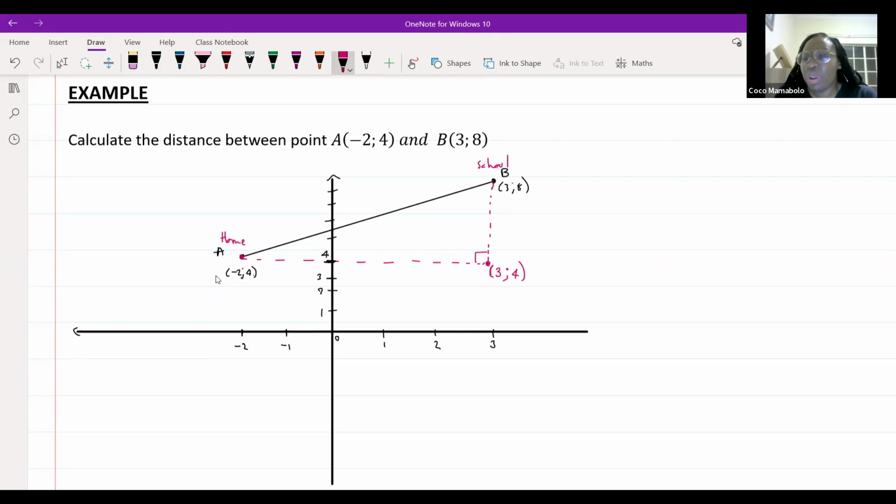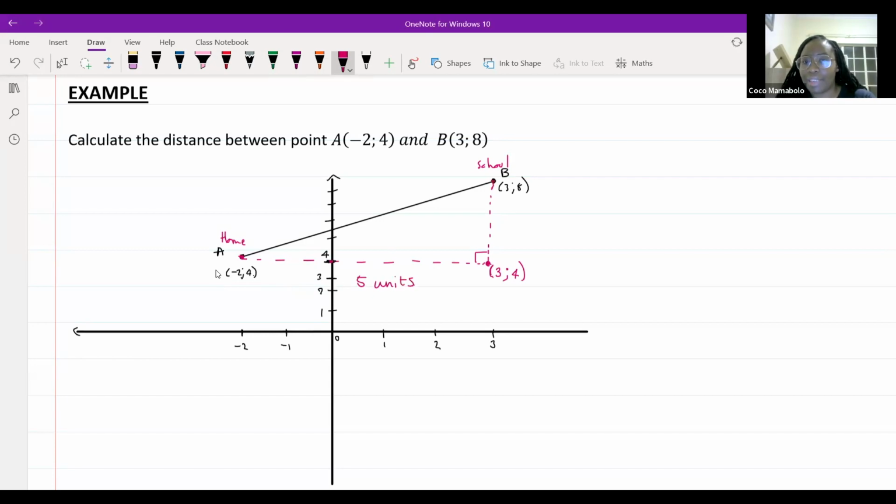Okay, so if we were to use Pythagoras here, I would want the distance from here on this side up until there. How far would the distance from there to there be? It would be the distance between the two, right? From -2 to 0, that would be 2. And then from 2 to 3, that would give us 5 units. We would get 5 units over here, right?